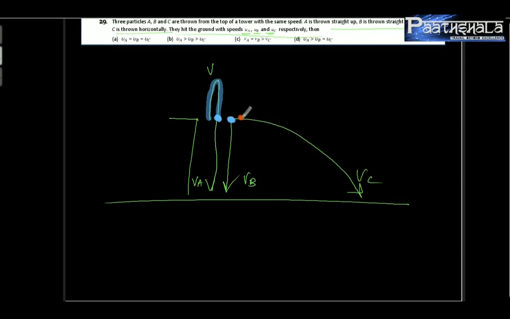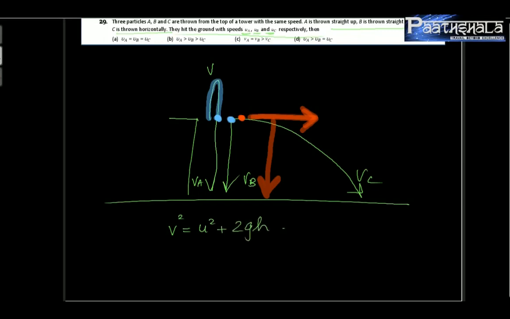For C, the velocity is directed like this. So it will have this velocity component, and it will also have a velocity component that it has gained because of acceleration due to gravity. Let us say u is the velocity with which they are thrown. So here the final velocity v: v squared is equal to u squared plus 2gh.